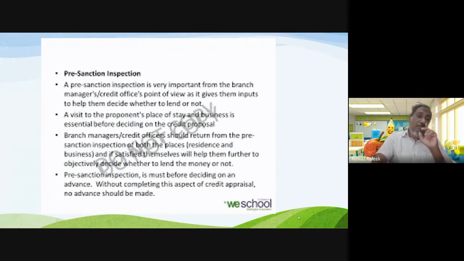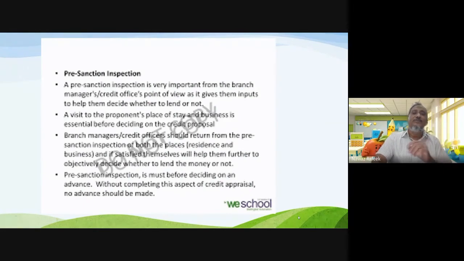So before granting the facility, the inspection will be important. Now, the objective of the pre-sanction inspection is to decide whether to lend or not. The same thing will be applied when we come to monitoring and supervision, to see whether what we lend is justifiable or not.